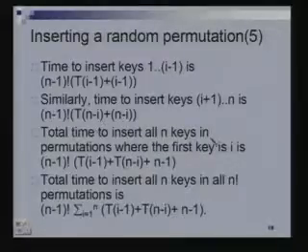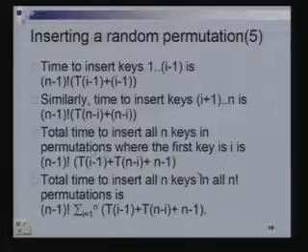So, the total time to insert all the n keys then is just the sum of these two quantities, and this is the total time over all the permutations in which the first key is I still. So, it is this quantity. So, what is the total time to insert all the n keys in all the n factorial different permutations?